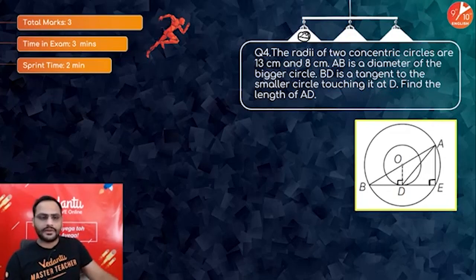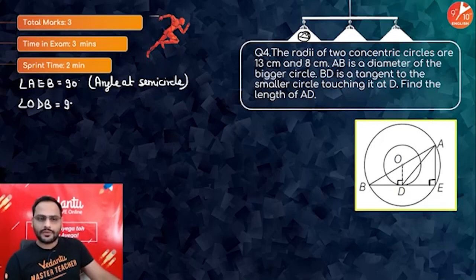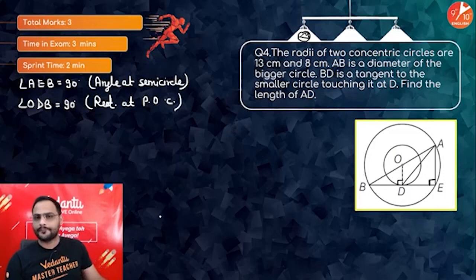So this angle is also 90 degrees. Angle AEB is equal to 90 degrees because it is the angle at the semicircle. Also angle ODB will be equal to 90 degrees because it is the radius at the point of contact.